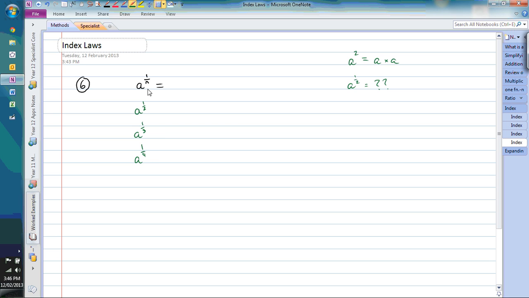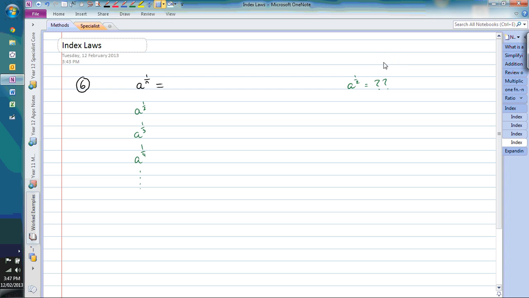Okay? What we say is that we're dealing with all of the expressions in this form. The form where we've got a to the power of 1 on something. 1 on 2, 1 on 3, 1 on 4, and so on. This would keep going. And we want to know, well, what's the result going to look like?